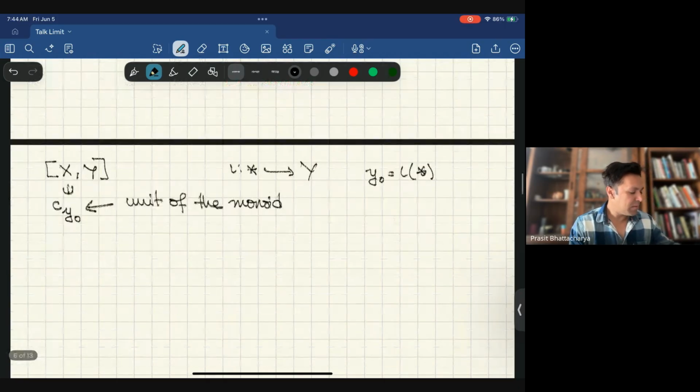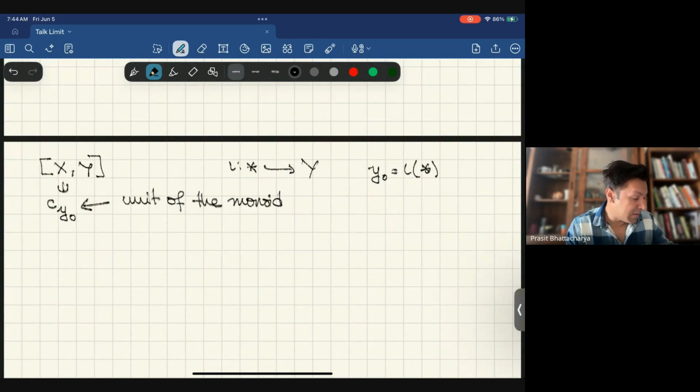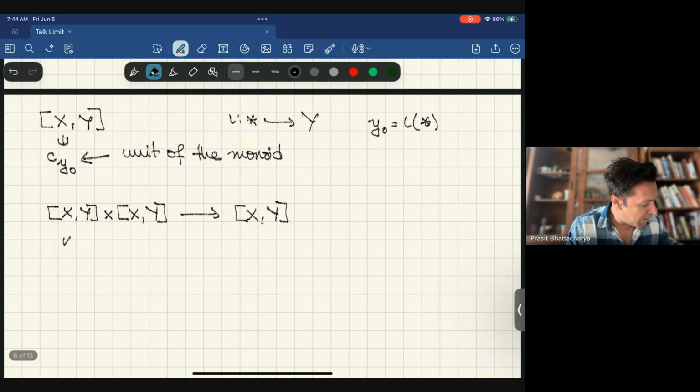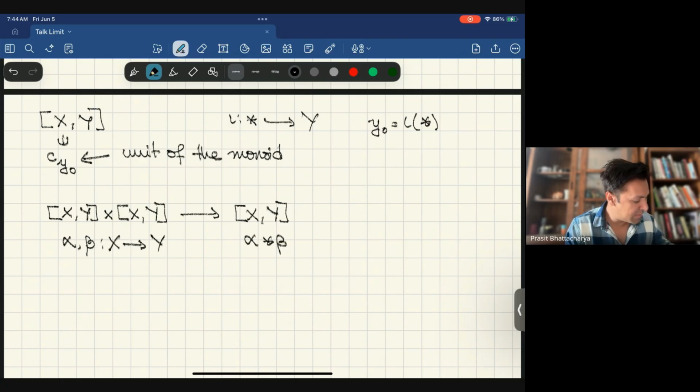and of a multiplication which is going to be defined as follows. So I need to give you a pairing like this. Let's say I have a map alpha and a map beta, which are both maps from X into Y. And I'm going to define alpha star beta, which is going to be the following composition.